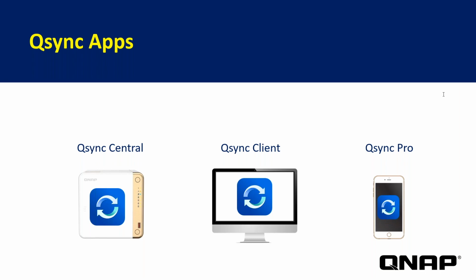Then Qsync Client is the app that's used to connect to Qsync if you're using your Mac or PC, so you can sync your files with your workstations and computers. And then Qsync Pro is the Qsync mobile app that enables you to sync files from your mobile device or tablet.